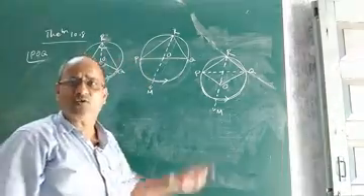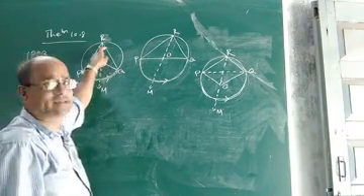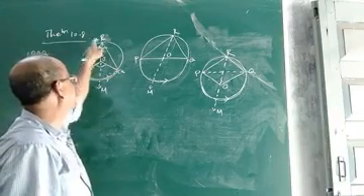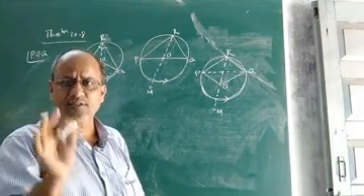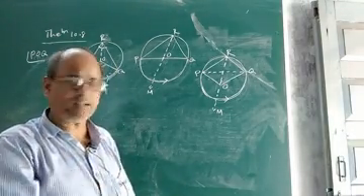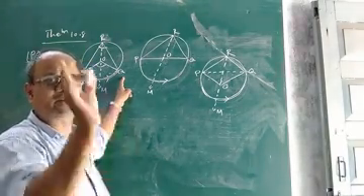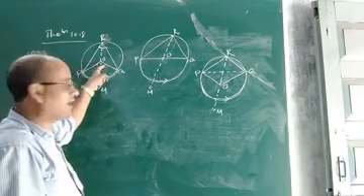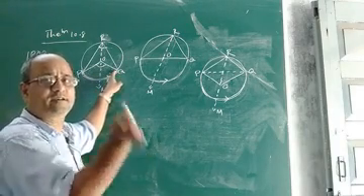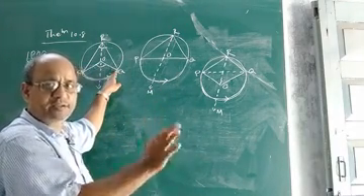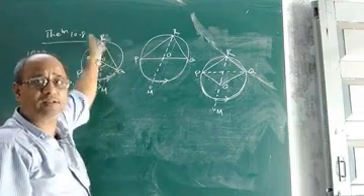Now the point is, what will be the relation between this angle and this angle, that is angle POQ and angle PRQ? So that is what theorem 10.8 is. Theorem 10.8 says that the angle subtended by an arc at the center, which is your angle POQ, is double or twice the angle subtended by the same arc on the remaining part of the circle.